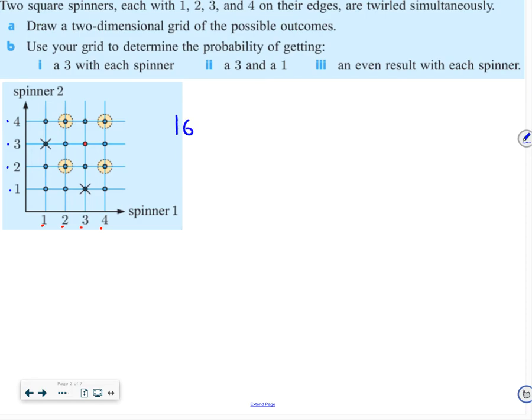Now, to determine the probability of getting a 3 with each spinner, that's represented right here: a 3 on spinner 1 and a 3 on spinner 2. So I have just one outcome out of the 16 where I get a 3 with each spin.